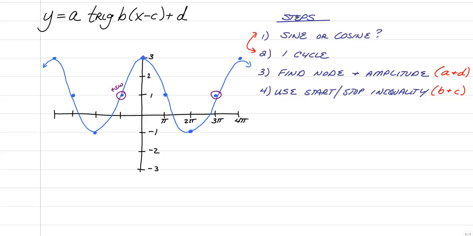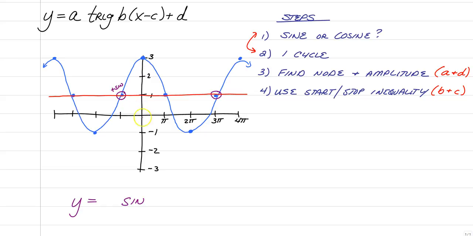So now we have our y is equal to something sine. So we've decided on sine, we've decided it's positive. Now we need to find our node and our amplitude. So for this example again, I kept it simple. Our node line is going right through the middle here, and that's at y equals 1. And our amplitude is 2 above, 2 below.